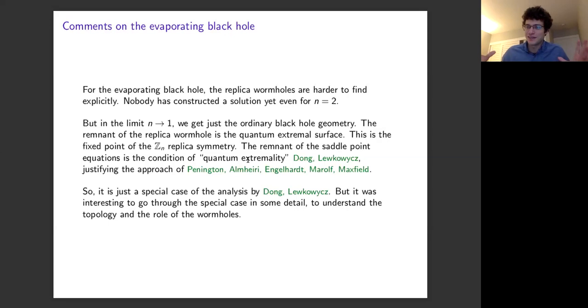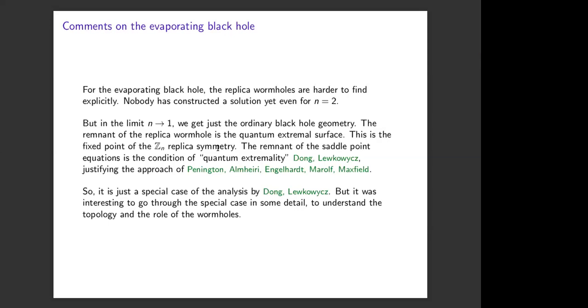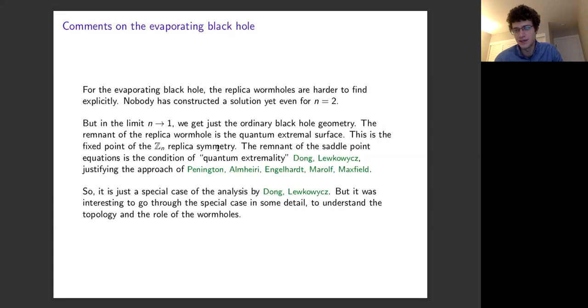It's kind of a miracle. Like, from the perspective of the quantum Ryu-Takayanagi computation, you have these different possible choices of extremal generalized entropy surfaces. And one of those corresponds to, in the replica computation, replica wormholes.